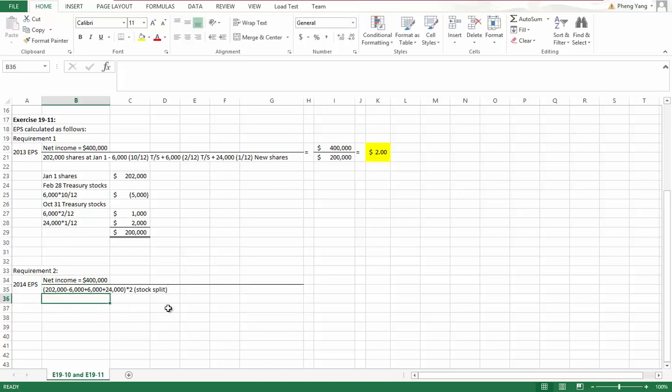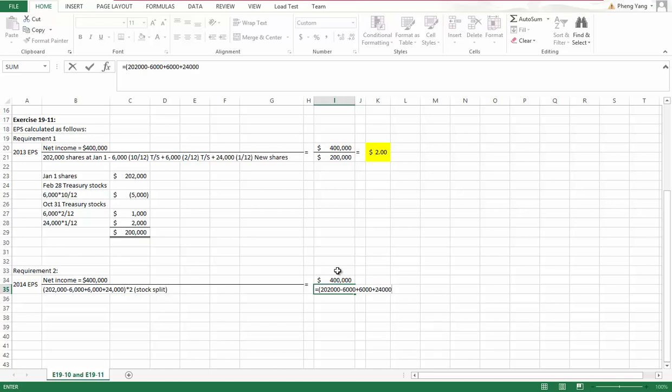Okay, so if we do that, I will have 400,000 here. Okay, so if I take 202,000 minus 6,000 plus 6,000 plus 24,000 times 2, I should have 452,000 shares.